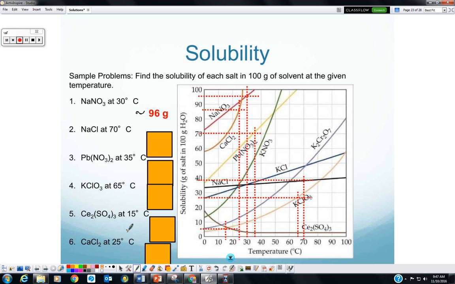All right, sodium chloride at 70 degrees Celsius. What did we come up with? 40. All right, 40. So I got 39 grams. At 35 degrees, lead nitrate. I got 70.